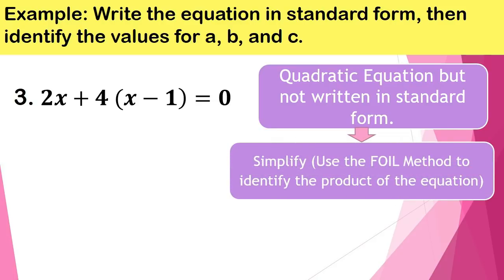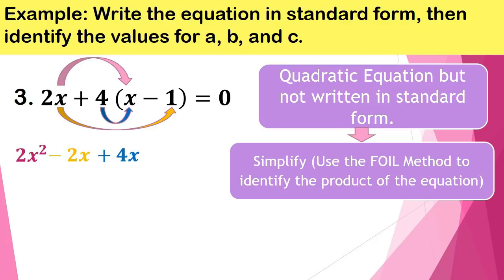So, let's answer. 2x times x is equal to 2x squared. 2x times negative 1 is equal to negative 2x. 4 times x is equal to 4x, and 4 times negative 1 is equal to negative 4 equals 0.